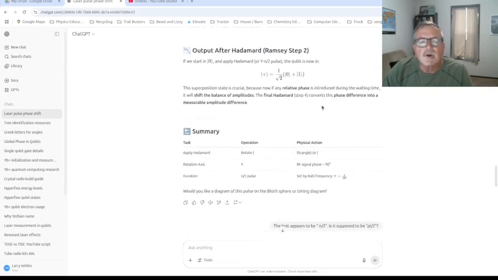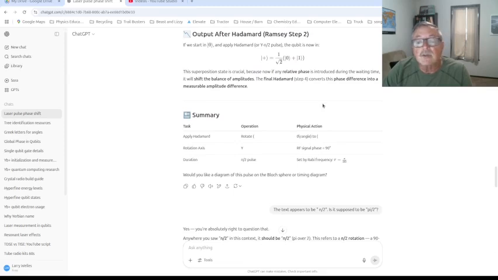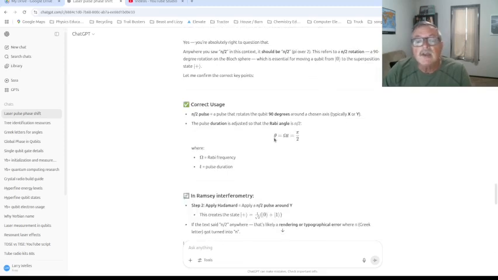And let's see if there's some details down here that we can use. 90 degrees is the same as pi over 2, if you remember your geometry course. And this is the Rabi frequency. This is the speed with which that thing moves. And this is the duration of the pulse, that little t there.